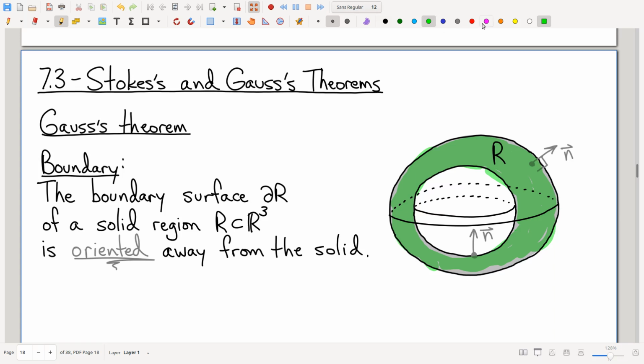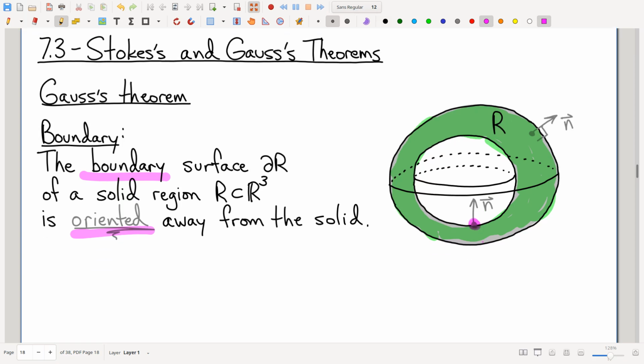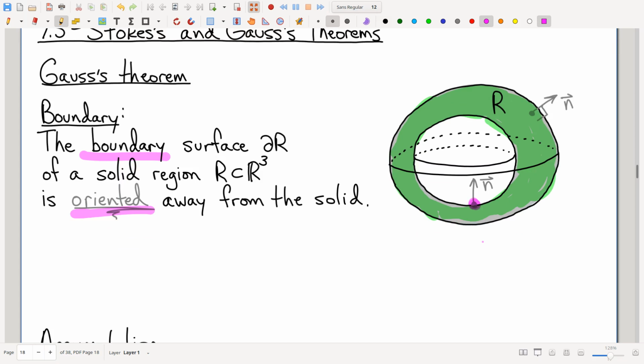And here's the rule. Boundary is now an oriented thing. Oriented now means, at a point on the boundary, keeping in mind that the boundary is the border between solid and not solid, the orientation is always away from the solid and into the not solid.